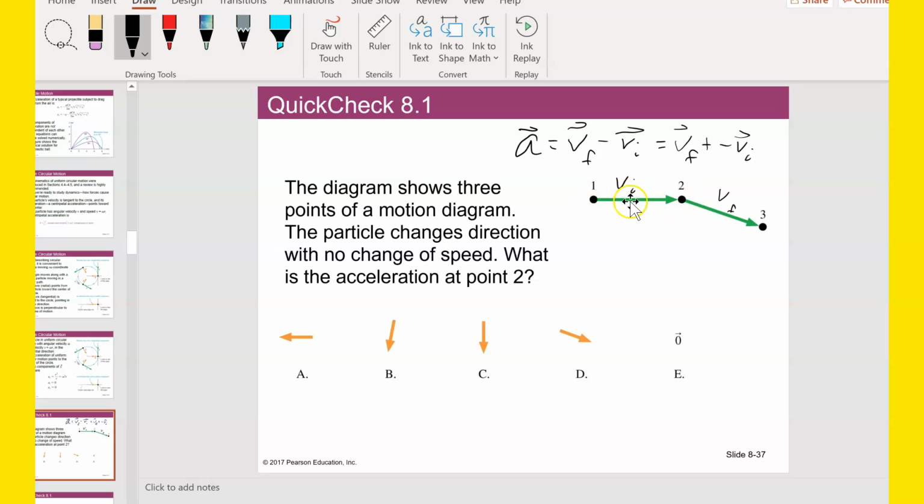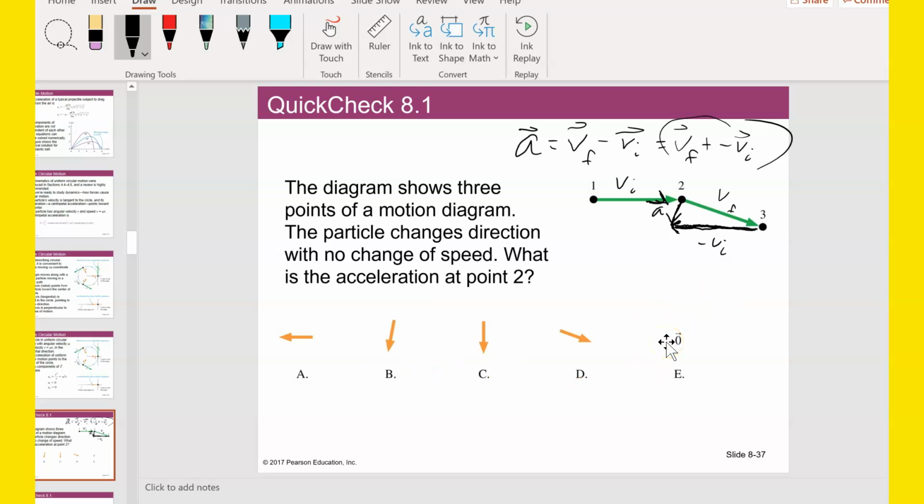So we imagine flipping that Vi in the opposite direction and adding it now to Vf, so that Vf plus negative Vi will be something like that. And so A now is going to start at the beginning of Vf and end at the end of negative Vi with this addition. So here's A. So it is choice B.